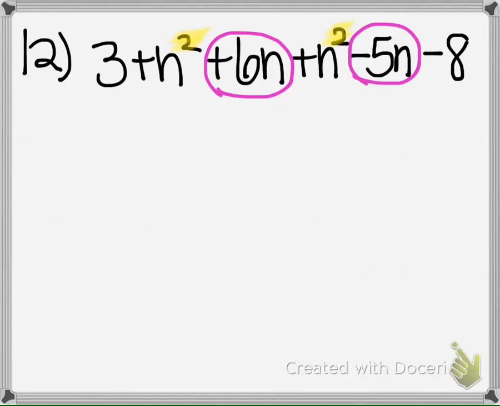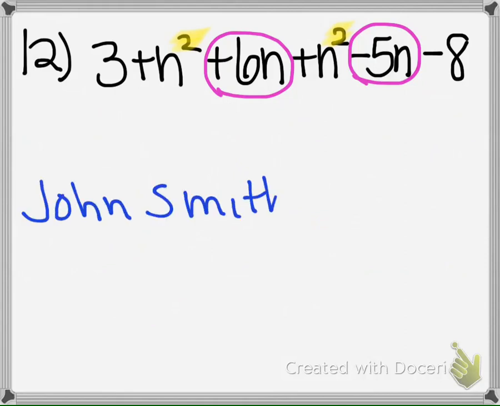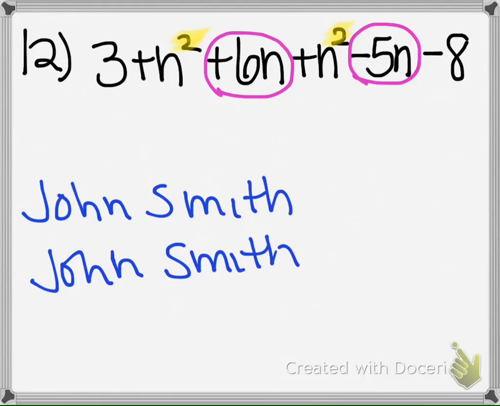So now if you're wondering, well, which one do I put first if they all have the same variable, they're all n's, well, it's just like with somebody that has the same name. So if someone's name was John Smith, and someone else's name was John Smith, how do we know who to put first in like a phone book? Well, if they have the same first name and last name, that's where the middle name comes in handy.